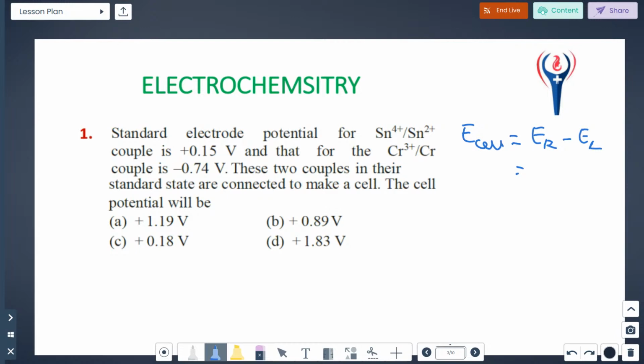Suppose if you have a cell like this, the anode of the cell we should write on the left hand side, and the cathode of the cell we should write on the right hand side.